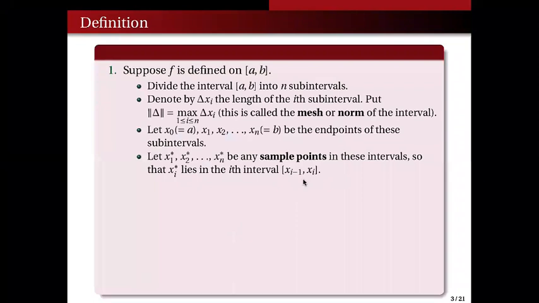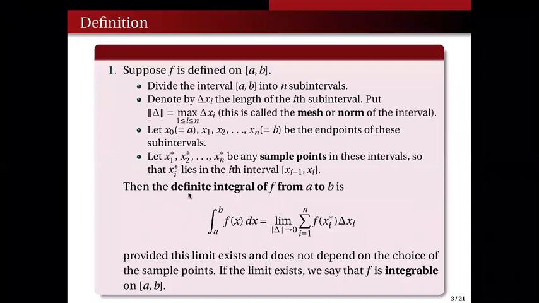Now we are ready to define what we call the definite integral. So in here, the definite integral of f from a to b is this guy here. Now look at this.